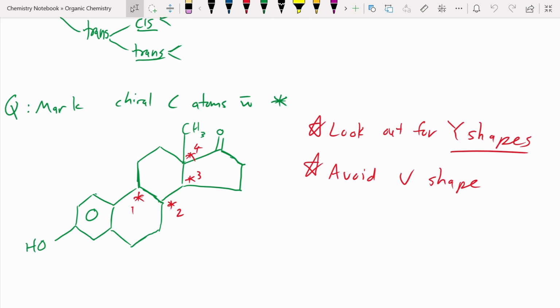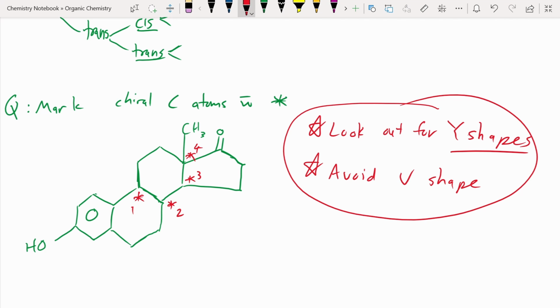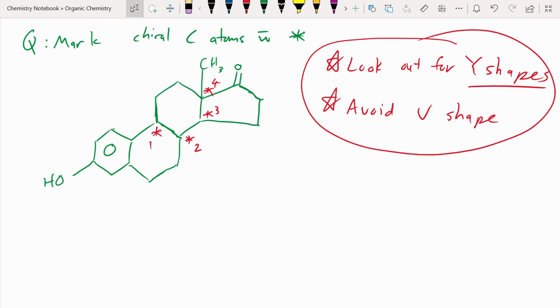Just take note to look out for any Y shapes in the compound and avoid any V shapes. To convince you why to look out for Y shapes and avoid V shapes, I'll tell you about an example V shape right here. There's this V shape, and notice this is a skeletal structure, so it would mean that there are two hydrogens that we ignored.